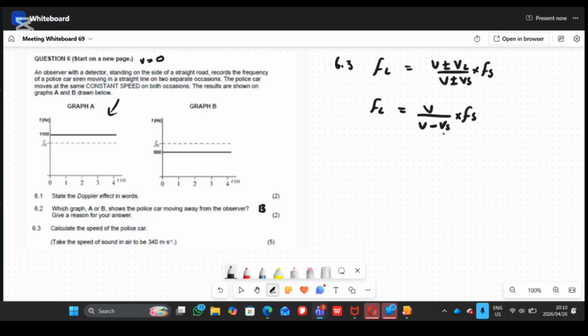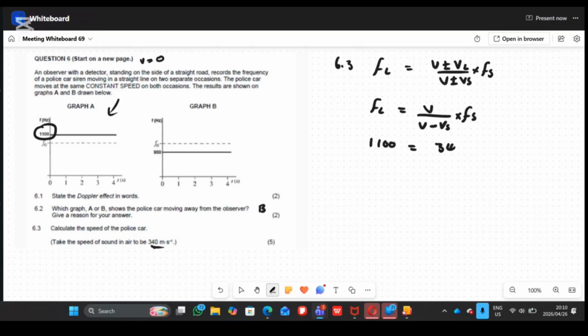What do you have? You have the frequency of the listener, which is 1100, equal to, you see, they gave you the speed of sound in air, which is 340.